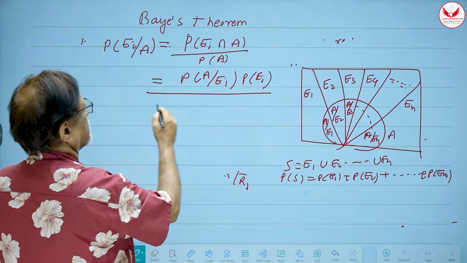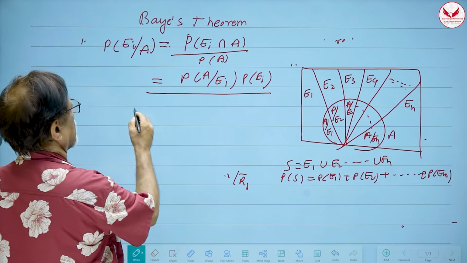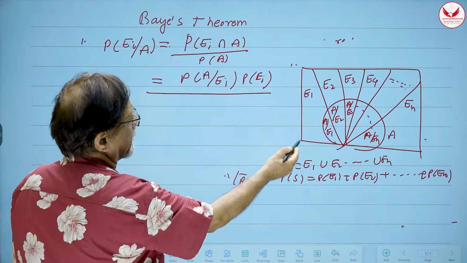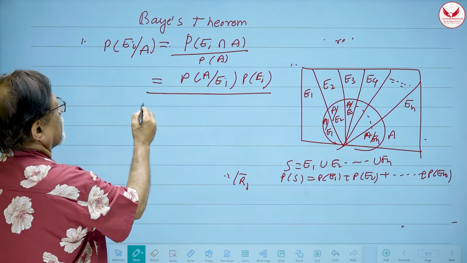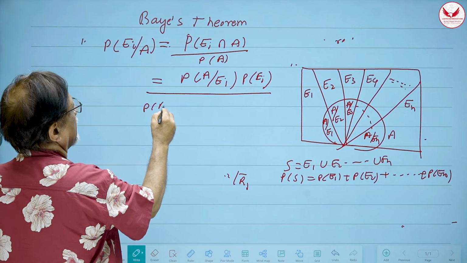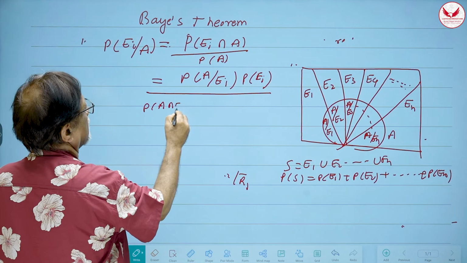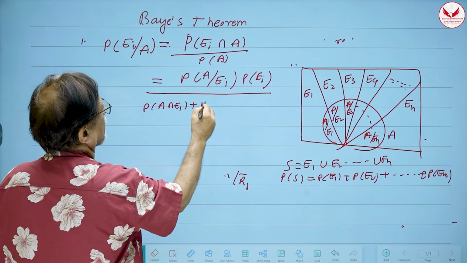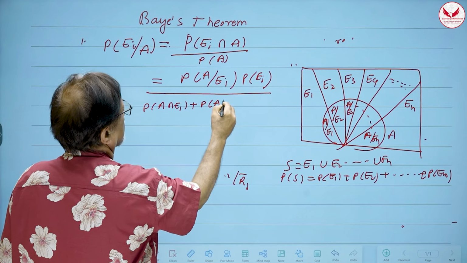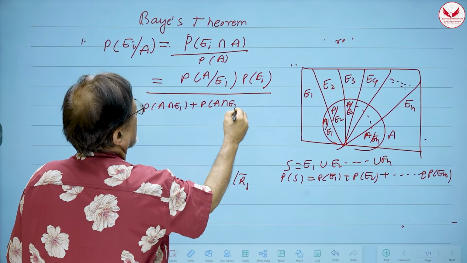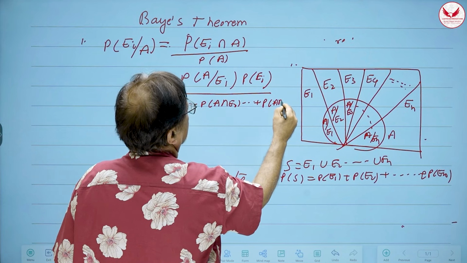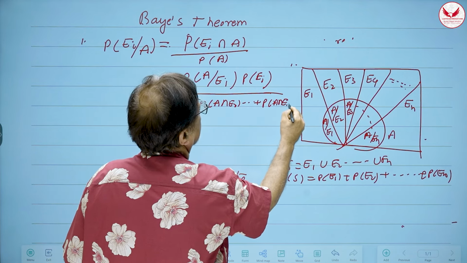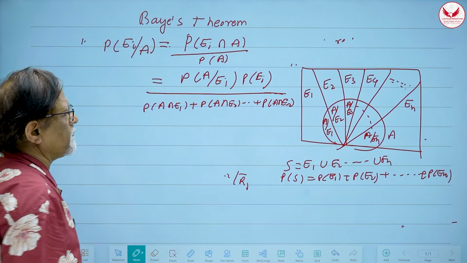A is already partitioned into n events, right? So I will have to write it like this: probability of A intersection E1 plus probability of A intersection E2 and so on, probability of A intersection En. Correct? That is what this is.